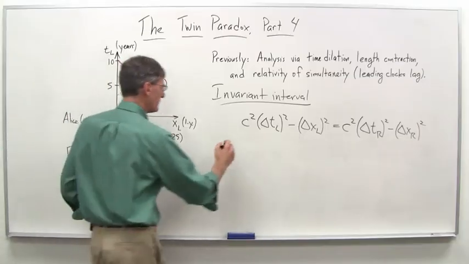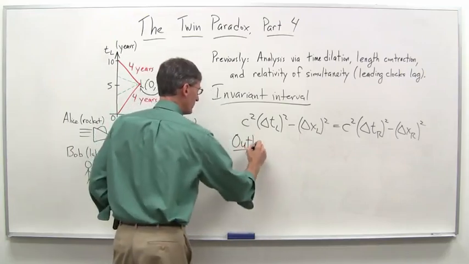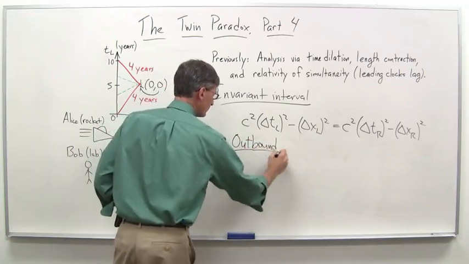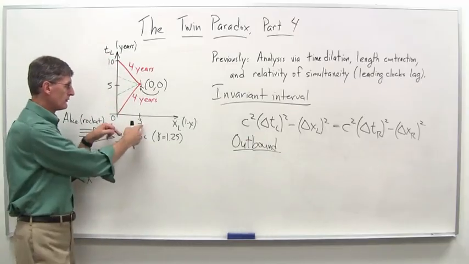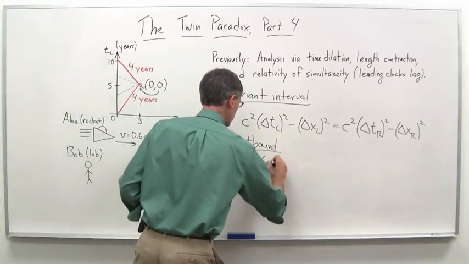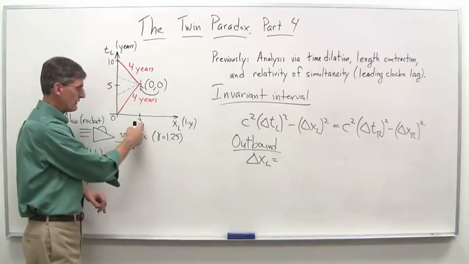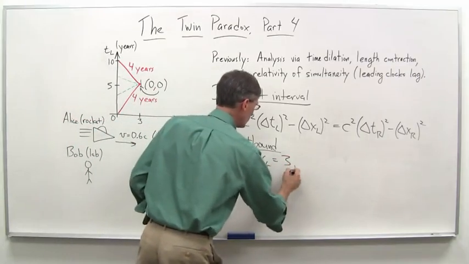And so for the outbound trip, we have delta x_L is 3. Okay, so let's write that down. Delta x_L, in other words, it goes to 3 minus 0, so the difference is 3 light years.